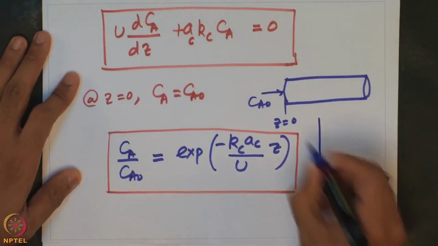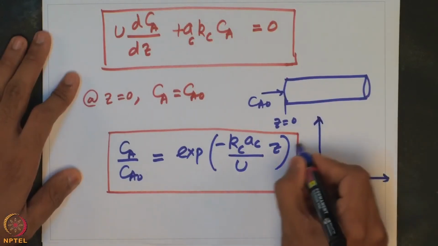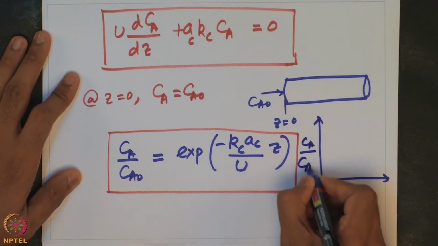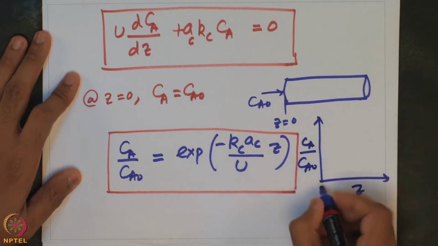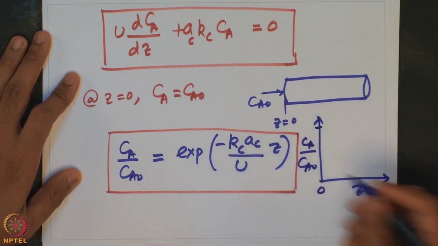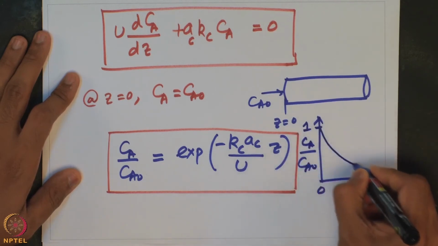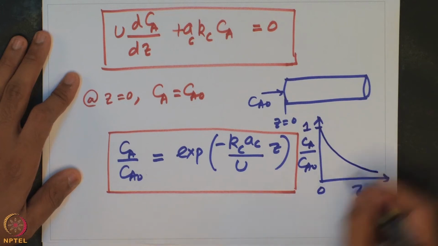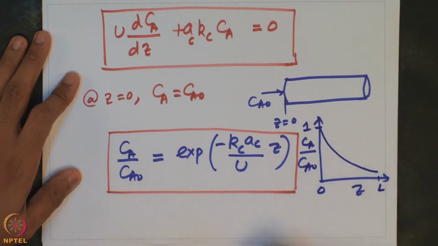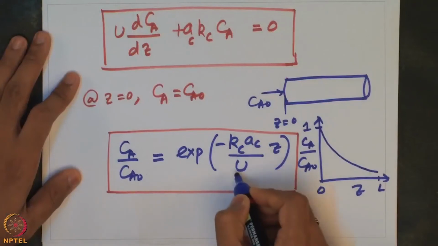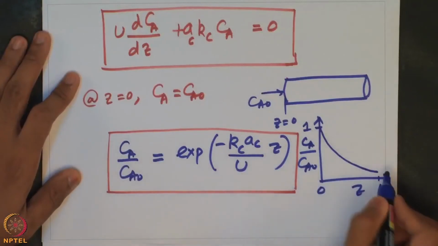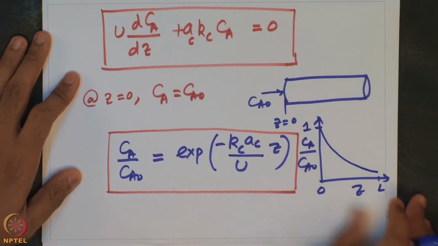If I plot position versus Ca by Ca naught, we will see that at Z equal to 0, the concentration of the species is 1, and it exponentially falls as you go into the reactor all the way up to the exit of the reactor. So, from here, if I know what these constants are, then I can find out the concentration at different locations inside the reactor.